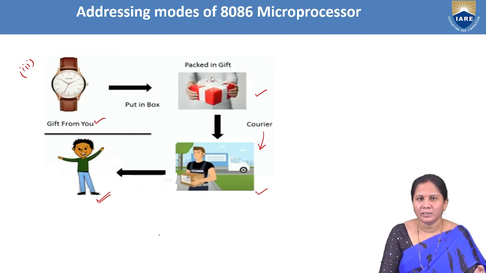Like this, based on the simple example, we can understand that the gift can reach a person in different ways. In the same way, the operand can be sent to the destination in different ways.